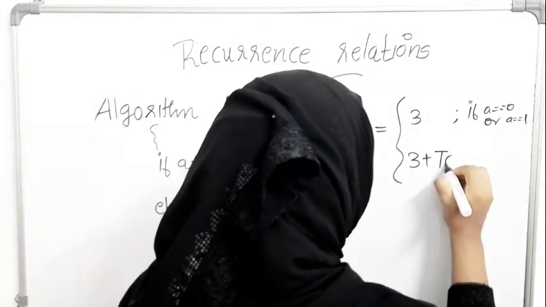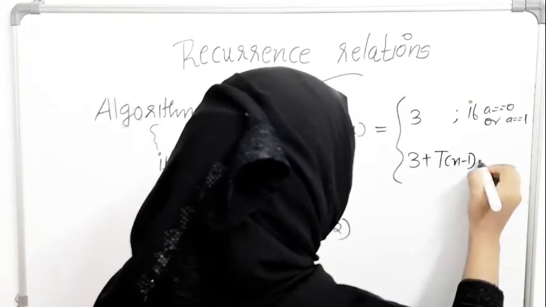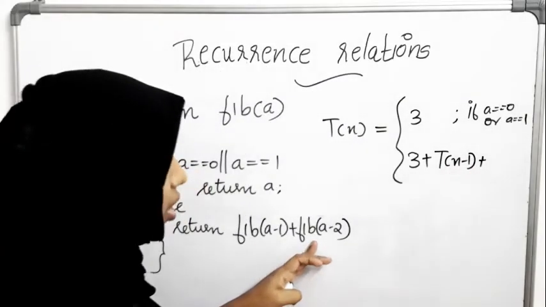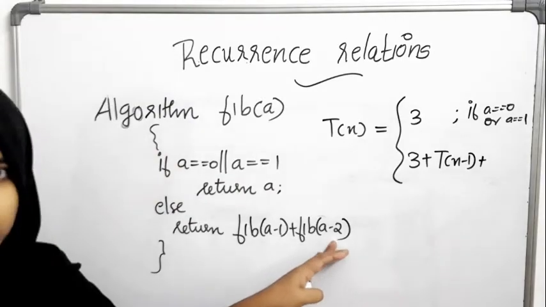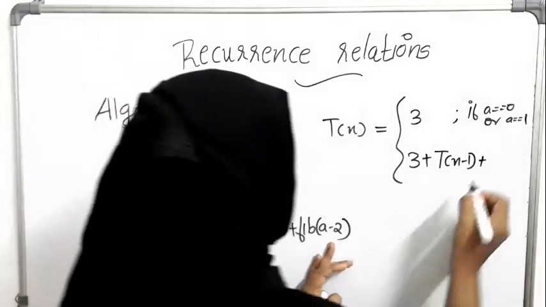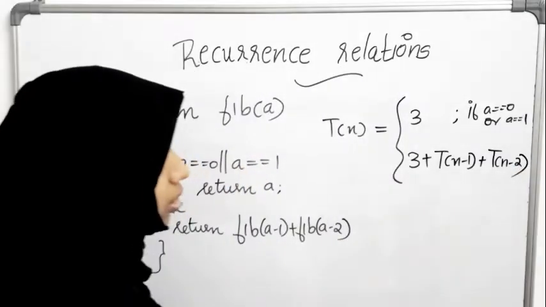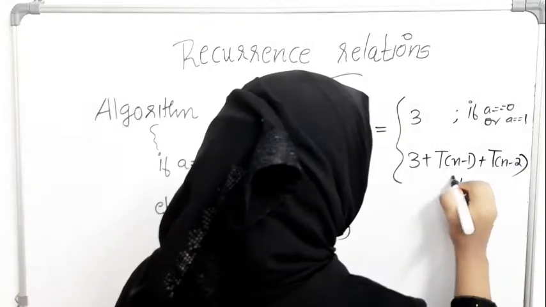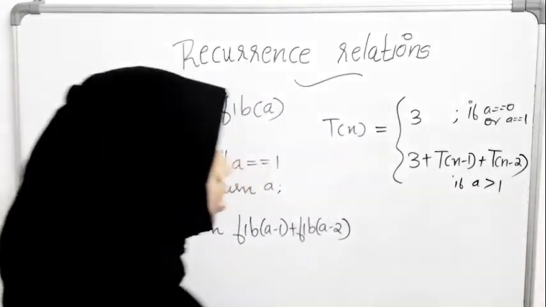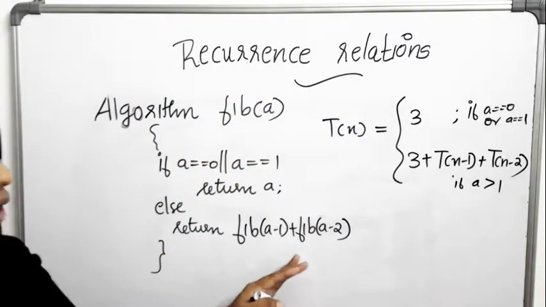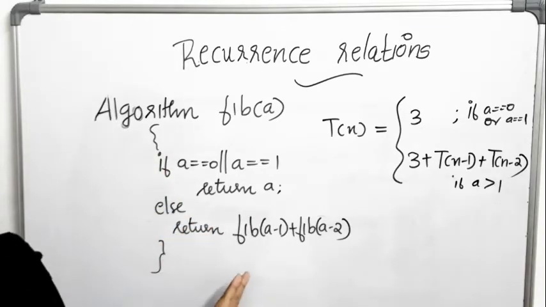So we need the time for executing that. Again at this point recursion is being called with n minus 2 parameters, isn't it? So time to execute T of n minus 2. So this is when A is greater than 1. So this is how we can define the recurrence relation for this particular algorithm for Fibonacci series.